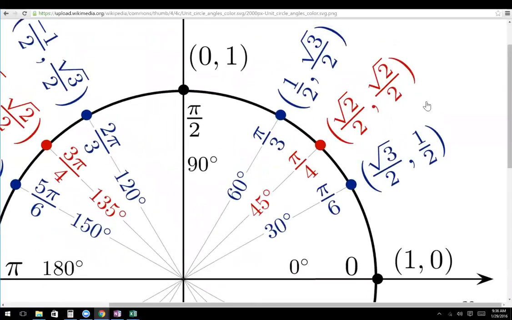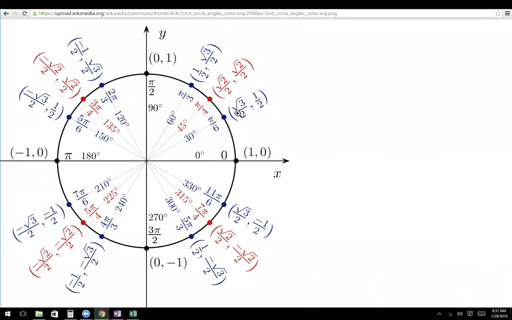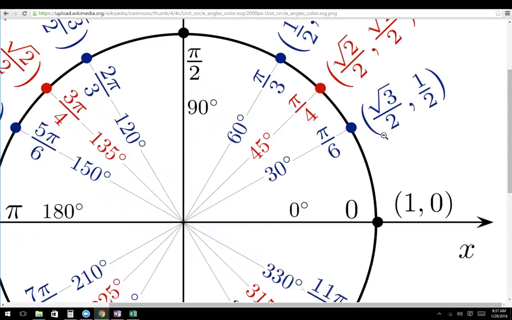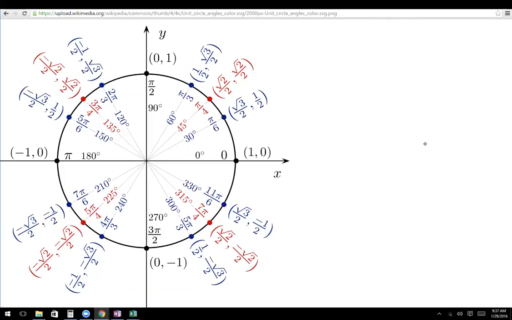So again, 5 pi over 6 is over here, the y coordinate is right there, which is a half. We look for that half in quadrant 1 or quadrant 4, and it's here at pi over 6. Okay. Is that okay?